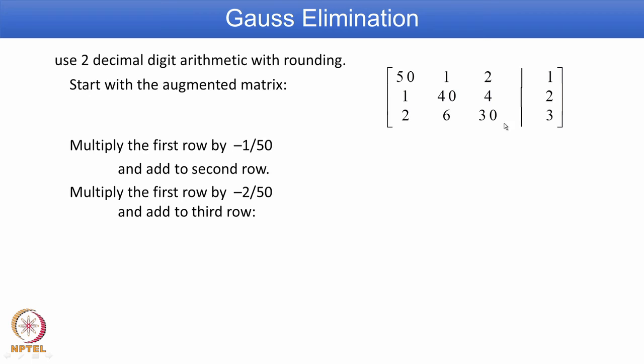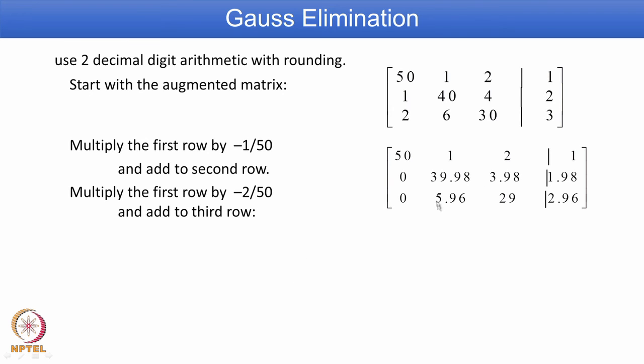Similarly, in the third row the first element is 2 and we have to make it 0. To achieve that, we multiply the first row by minus 2 by 50 and add to the third row. If we perform these 2 operations on this matrix including the augmented column, the result is as shown here. The first row remains the same, and the second row first value goes to 0, that is the intention.